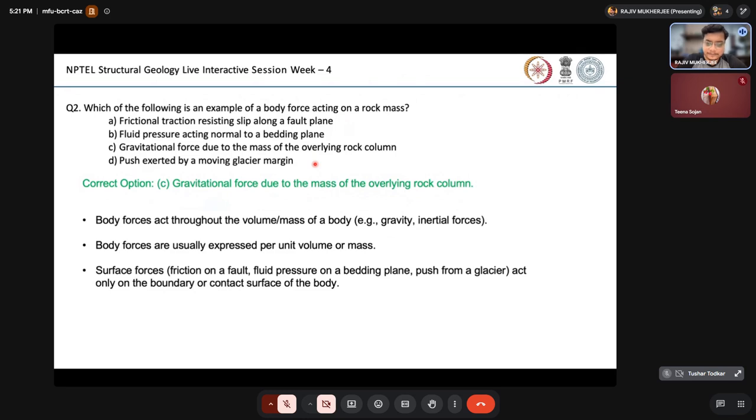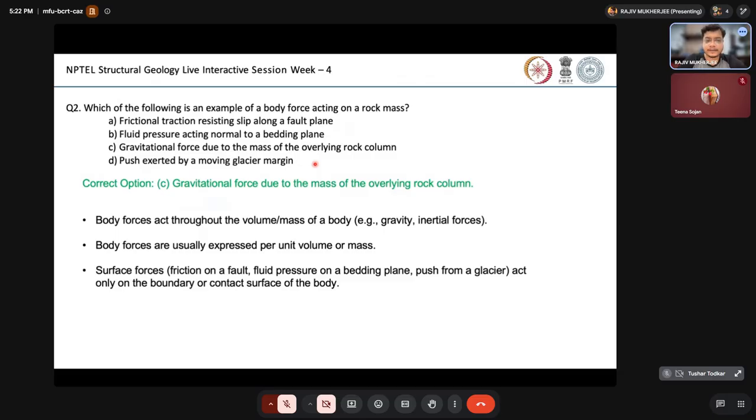In a similar way, hydrostatic stress is also a body force because it does not depend on the direction, right? So body force, like gravity, of course exerts a direction to which it is attracting the mass, but then within the mass, that force has no control on the resolution of different stress components.